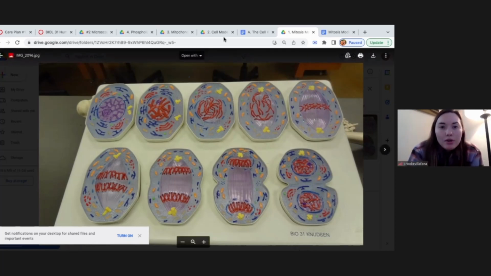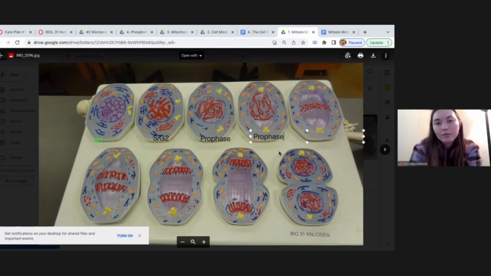Okay, so G1 is here. S, I need a different color. So, okay. This is basically S/G2. This is the beginning of prophase. This is true prophase.